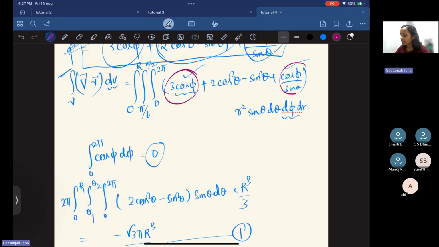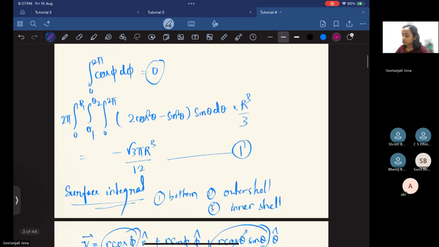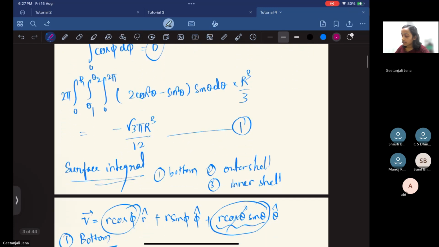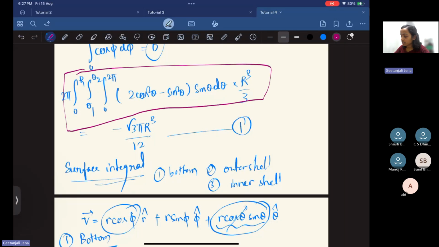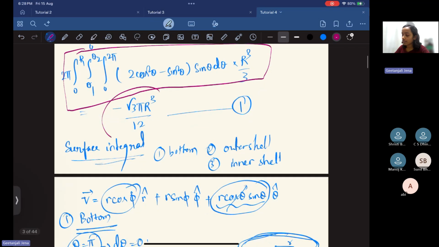This term and this term will vanish, and only the second term will remain, which is 2 cos square theta minus sin square theta. Putting in the limits of theta, the left hand side of the divergence theorem comes out as minus root 3 pi r cube by 12.